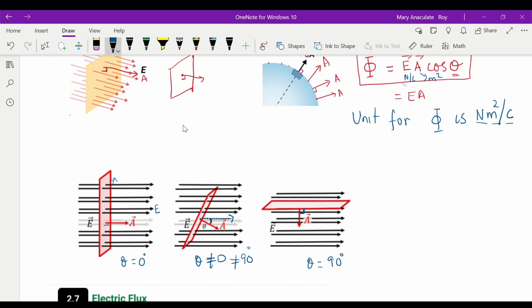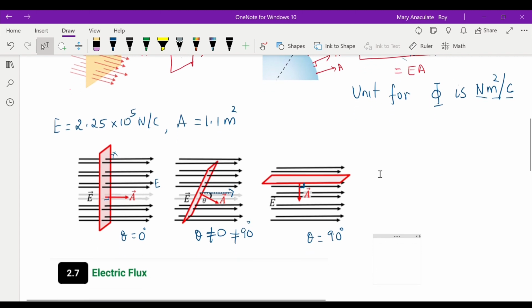So if, for example, the electric field is given as 2.25 times 10 to the power of 5 Newton per Coulomb, and the area of the sheet is given as 1.1 meter square, and you're asked to find out phi for each one of these, so for part 1, phi equals EA cosine theta.